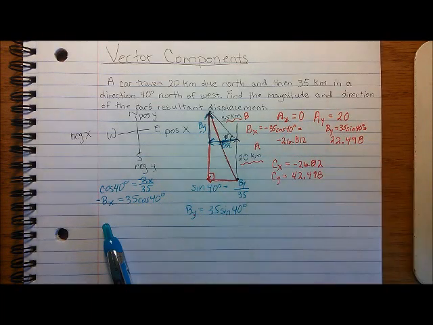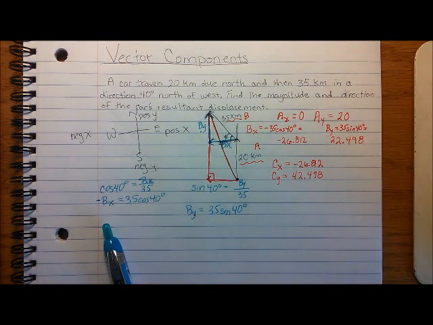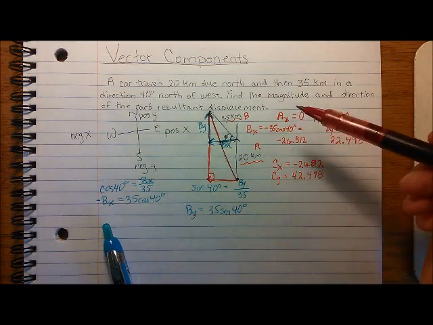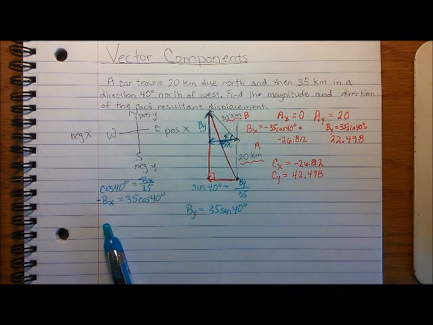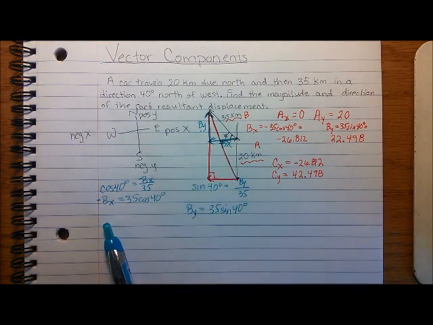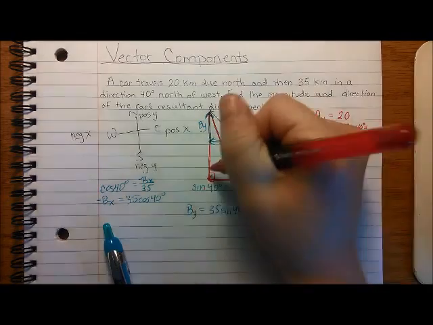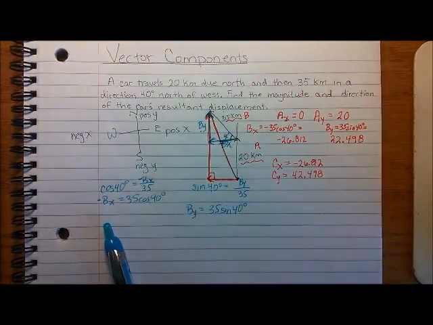Again, that's how far overall it went in the y direction, because remember, when it went 20 kilometers north, and then it went another 22.498 kilometers north when it did the 35 kilometers in the direction 40 degrees. So what we've just found is this line, which is negative 26.812, and we found this line, which is 42.498.